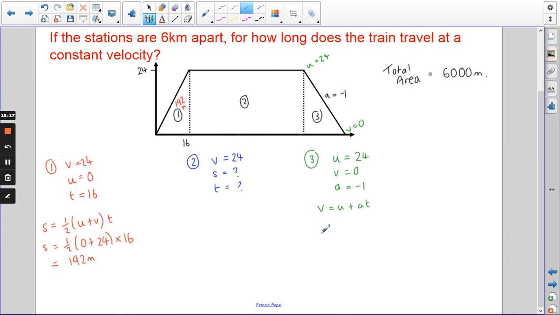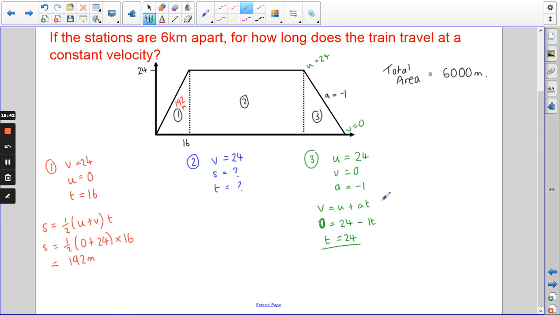I'm not going to get very far in this question without t. So v equals, so 0 equals 24 minus 1t. To solve that, bring the 1t over to make it positive, and if 1t equals 24, then t equals 24, doesn't it? That's easy maths there.